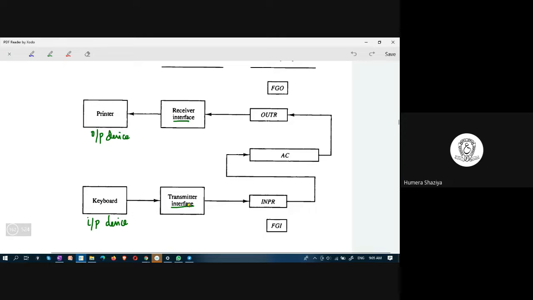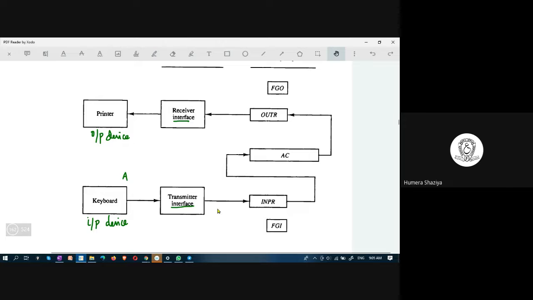What is the significance of FGI and FGO? FGI is the input flag, FGO is the output flag. Whenever you press a key, suppose you are pressing key A on the keyboard, that A through the transmitter interface gets stored in INPR.